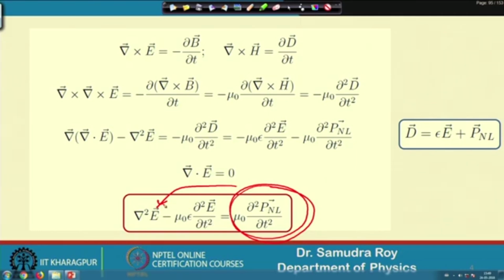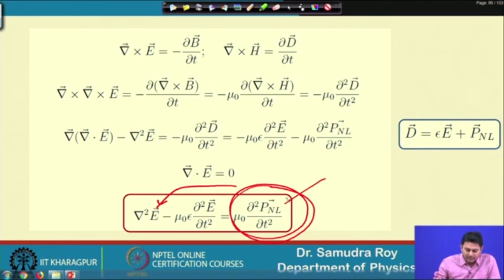This is the same picture we have already shown with a schematic diagram: when the dipoles are vibrating in a nonlinear fashion, they start generating an electric field, and this electric field will have a different frequency component. Exactly the same concept we have through this equation, where after deriving the Maxwell's equation considering the nonlinear polarization term, we have a source term.